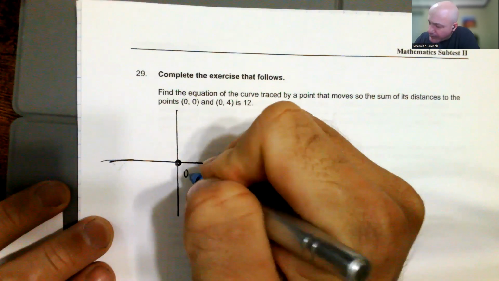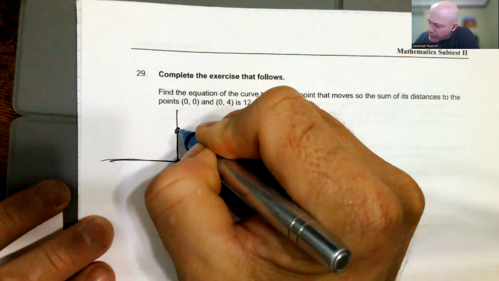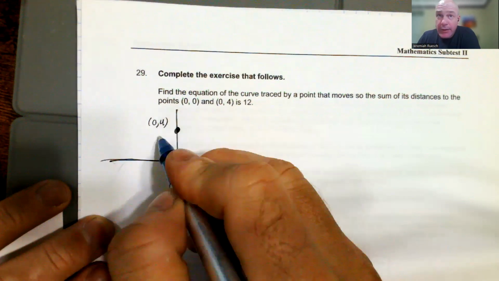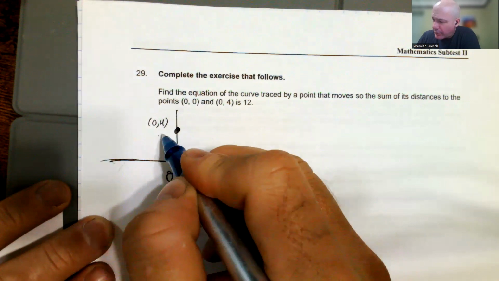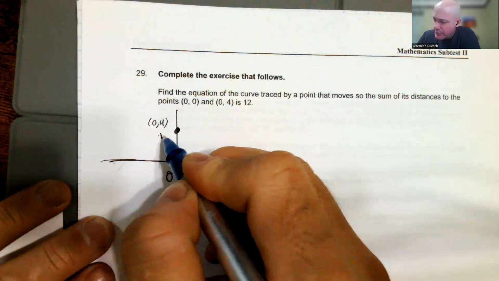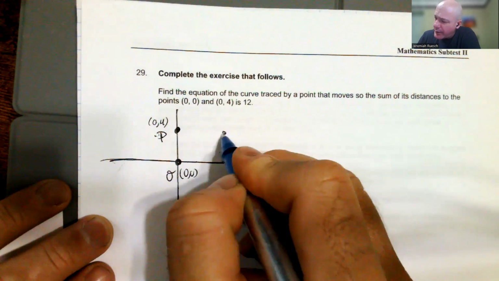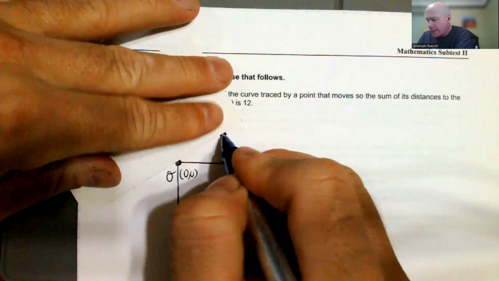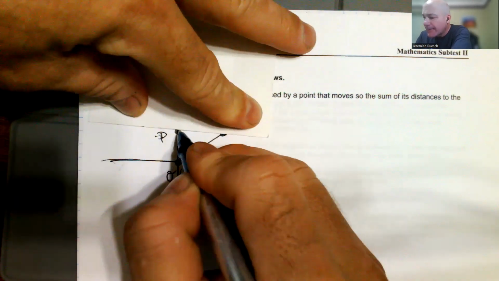This is (0, 0). Call that point O. And then we have another point here at (0, 4), and call that point P. Okay. And so there's some point out here, and it looks like we're looking at the distance between them as something like this.